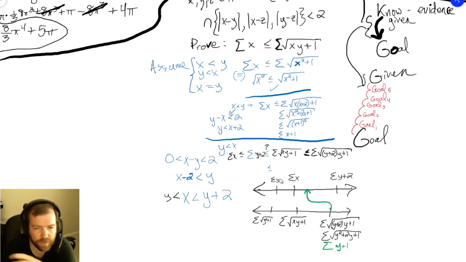I guess we know that this is greater than this, somewhere-ish. We don't necessarily know where it is in comparison with the sum of all x's. So that's really the problem. Is it there, or is it there?